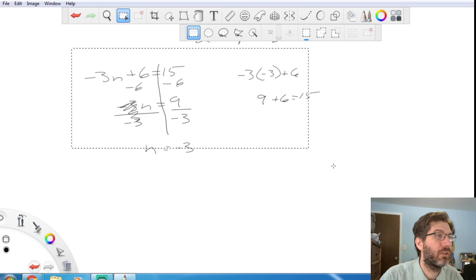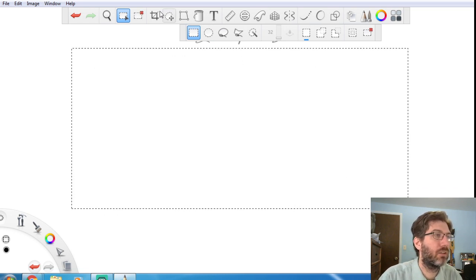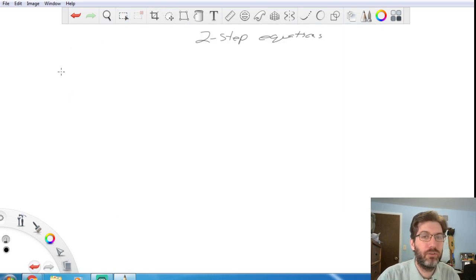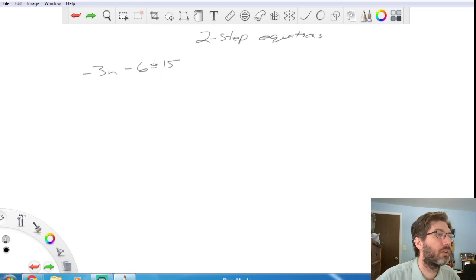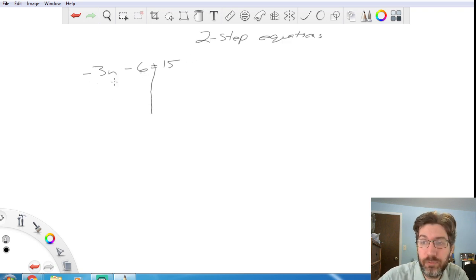Next one is when both of our numbers are negative here. So here we have negative 3n minus 6 equals 15. So in this case, it is the same process. Same process, order of operations in reverse, get your variable by itself.